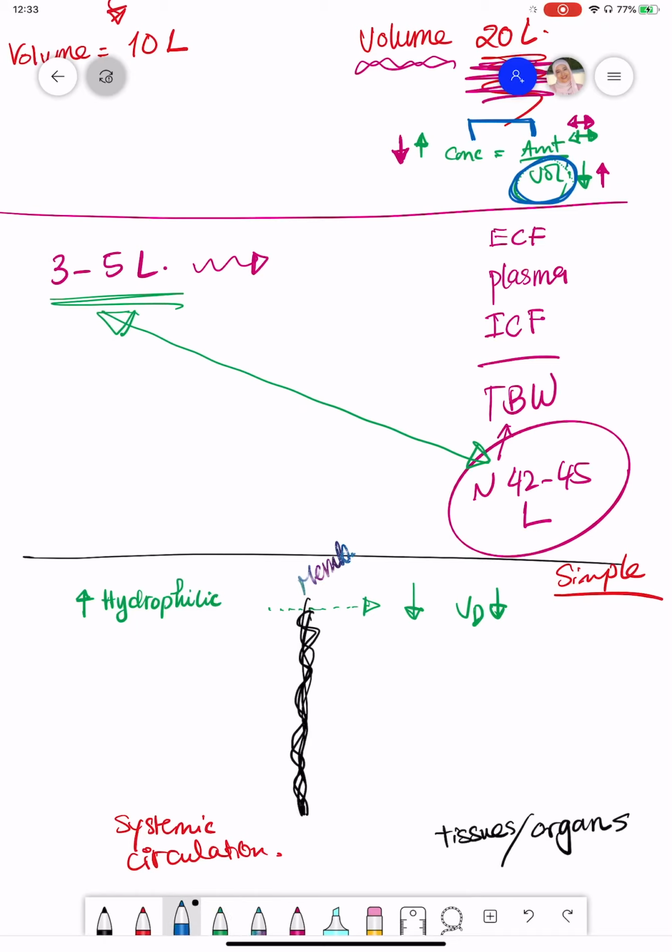If the lipophilicity of the drug is increasing, it means that the distribution of the drug, again as simple as we can talk about it as a concept, and still we are talking about first order or linear kinetics only.